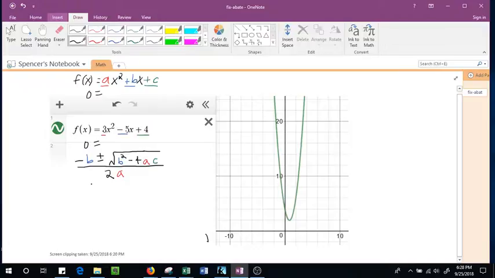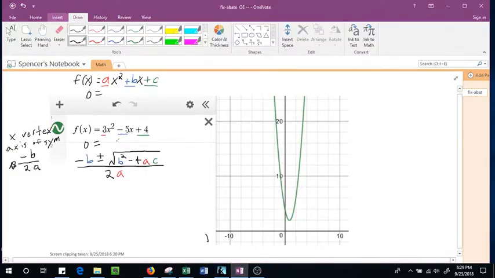So any way that you can remember that is fine, but remember that negative b over 2a is the x coordinate of the vertex, or the axis of symmetry. So that is what we get right here. And then the plus or minus moves it left or right to our x-intercepts.